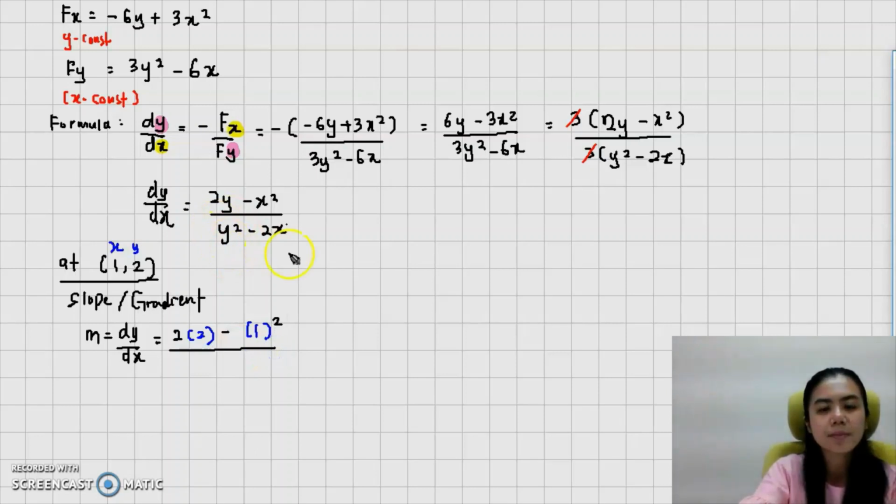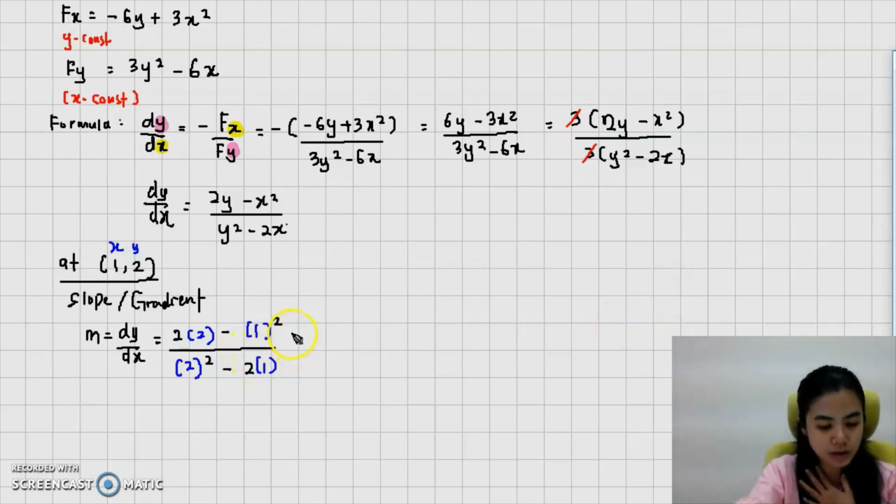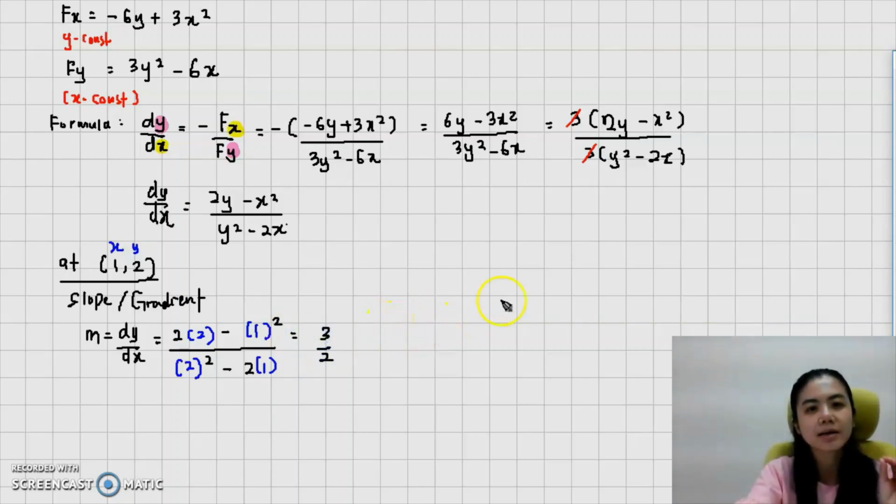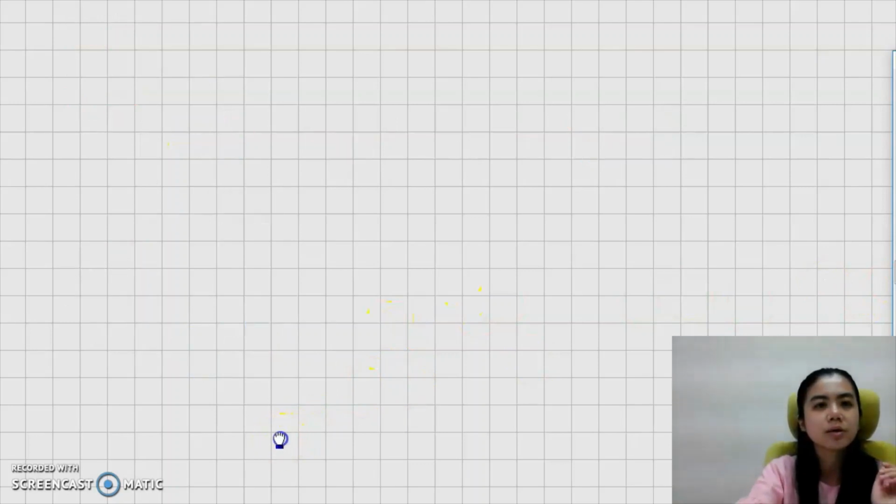Same thing here, y is 2, so 2 squared minus 2 multiplied by x, which is 1. Simplify by using your calculator. This gives us 3 and this gives us 2. So we obtain our slope, our gradient, as 3 over 2.